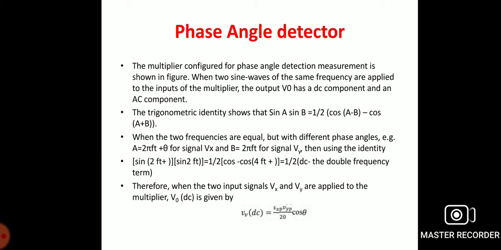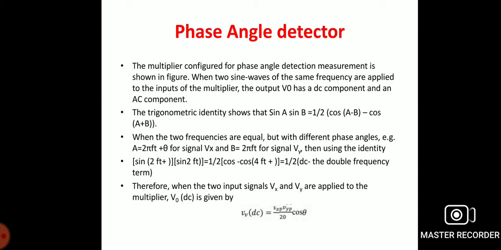So a DC voltmeter can be calibrated as a phase angle meter when the product of Vx and Vy is made equal to 20. Then a 0 to 1 volt range DC voltmeter can directly read cos theta, when the meter is calibrated directly in degrees from the cosine table.